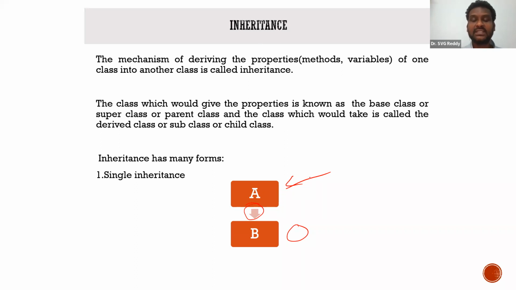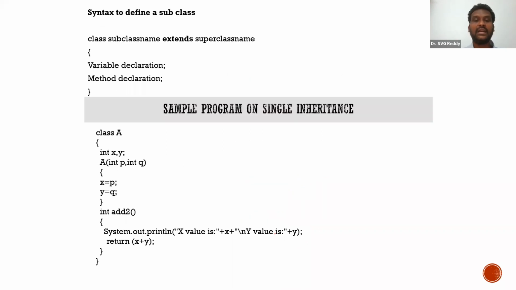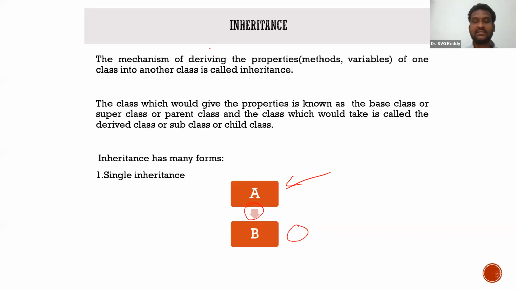So these variables and functions can be reused in a particular class using a keyword called extends. Extends is nothing but like laying a pipeline, so you can simply reuse it.